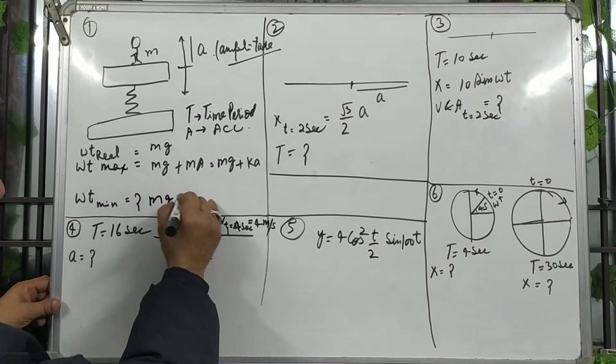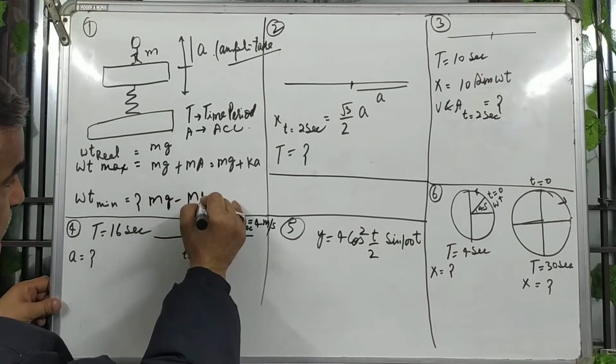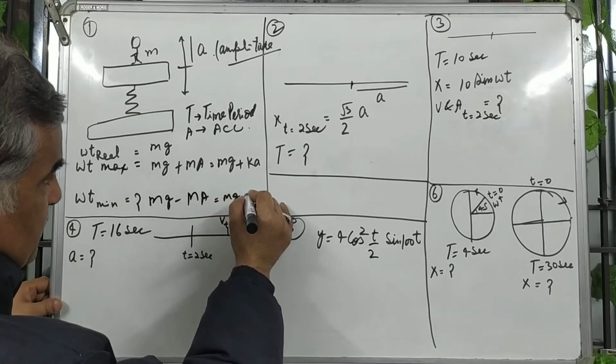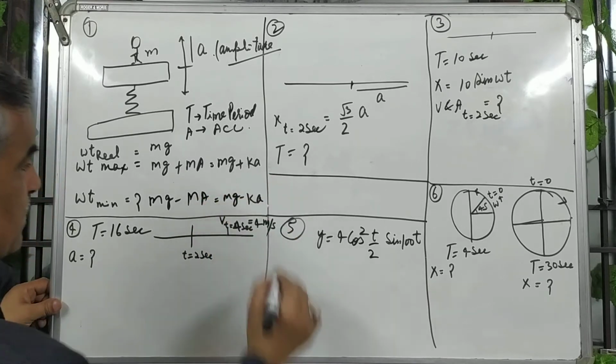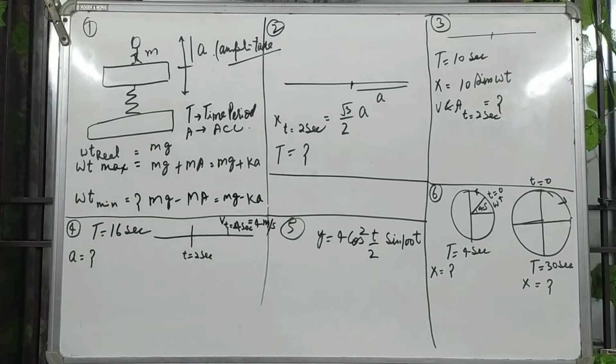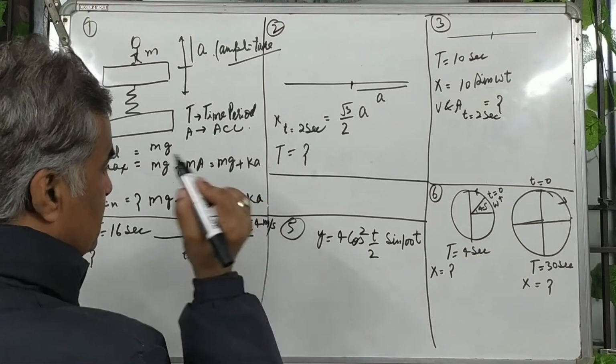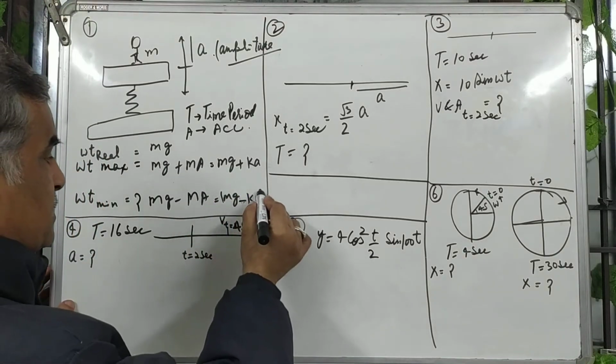It is mg minus ma, or mg minus ka, F equal kx, x is A. So this will be the answer.